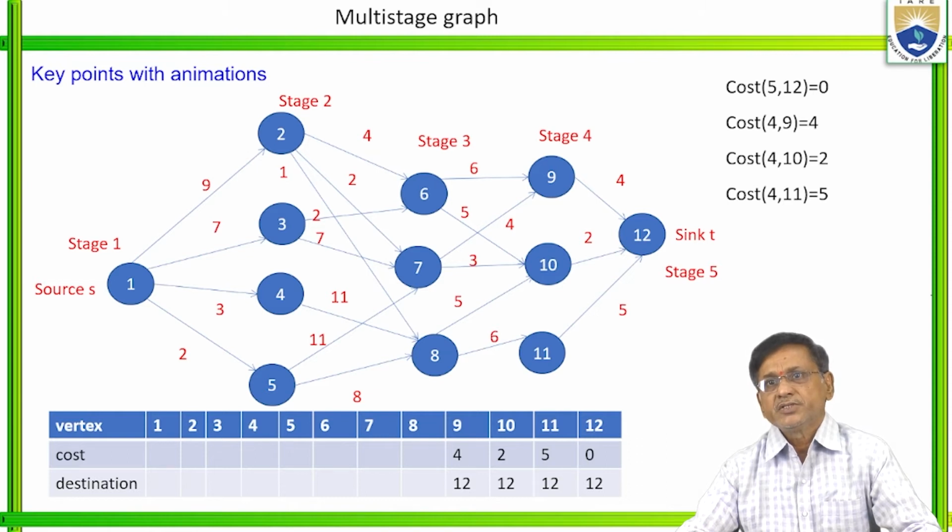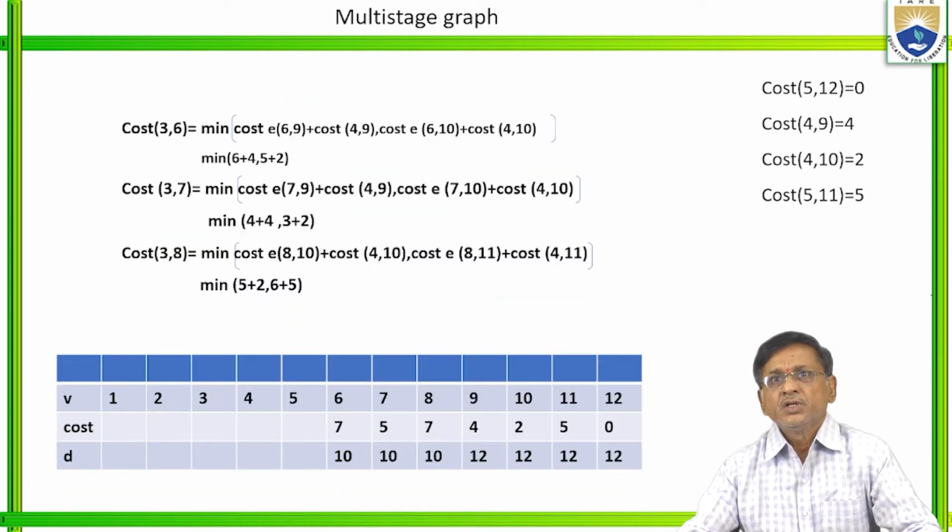Cost of 3, 7 is equal to cost of an edge 7 to 9 plus cost of vertex 9. So 7 to 9 is 4 and the cost of vertex 9 is 4. So 4 plus 4 is 8 corresponding to the first path.